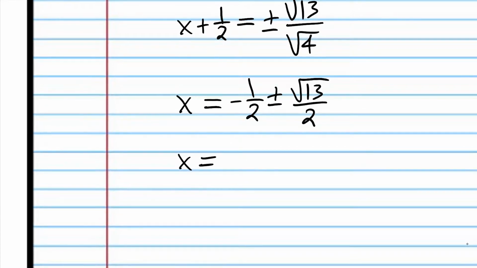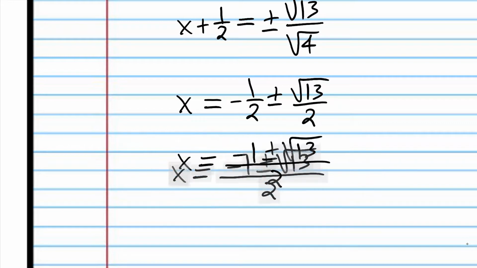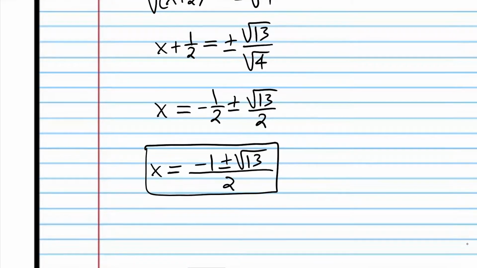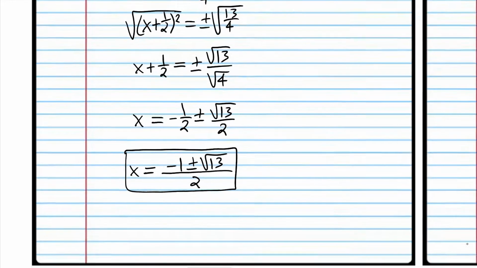So we end up with -1 plus or minus root 13 all over 2. Again, why could we do that? Well, remember, if you have fractions with a common denominator, you can just add those fractions together. Some textbooks might consider this to be the answer. I would go ahead and add it together so you have one fraction.